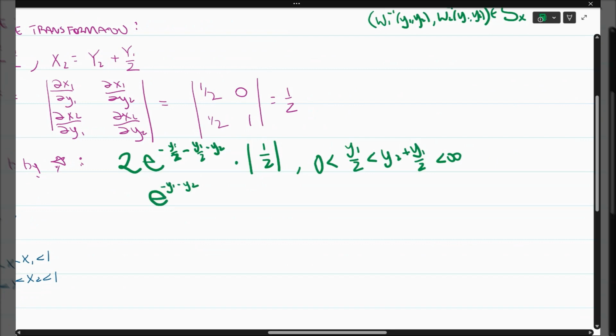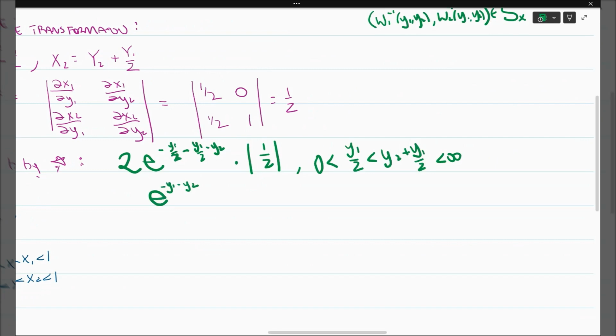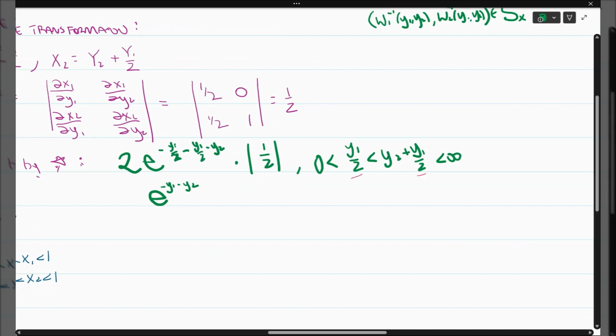So, solving the support, those cancel out. And so one of the bounds ends up being 0 less than y2 less than infinity.